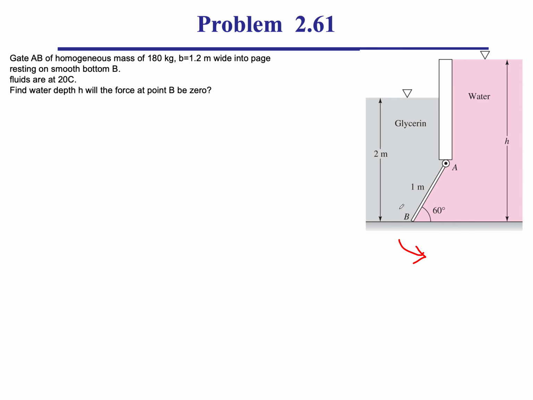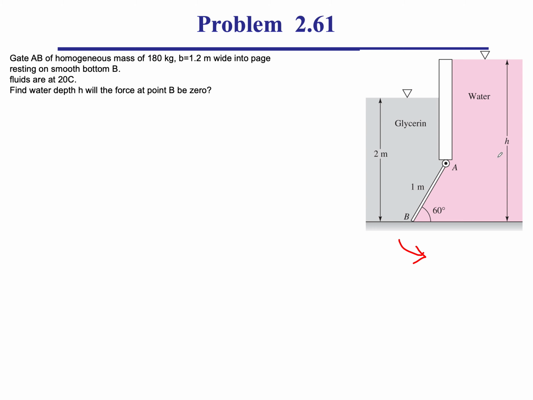So this could be a mixing contraption that will allow you to mix when the ratio of the masses are at a certain predetermined ratio, which is defined by the height h and the height of 2 meters. So the question here is, what should this height h be for the reaction point at B?